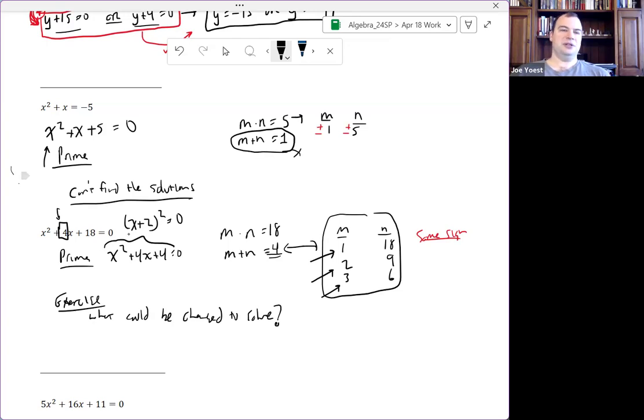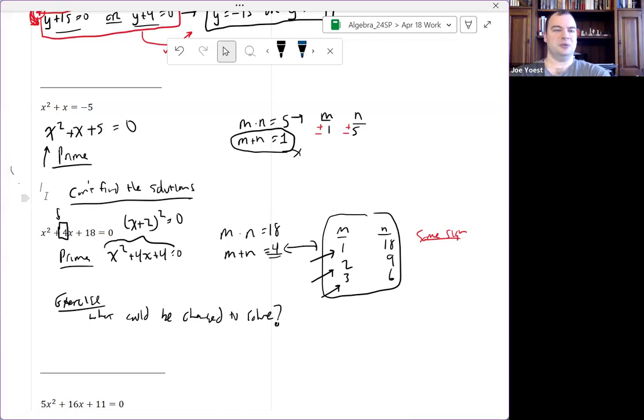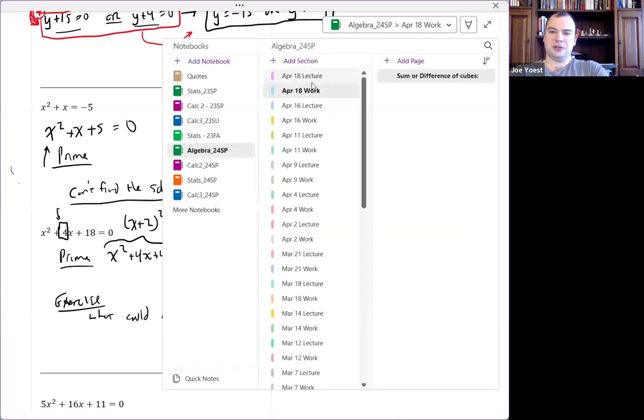But if you were the teacher and you pulled this one out of a book and it's prime, I can't solve it, but I want to show the students an example that I can solve, what would I have to change here? How would I change this to come up with a different problem that I would be able to solve? What would that look like? And I think this kind of playing around with these problems, with these ideas, is what really gets a deeper understanding for some folks.